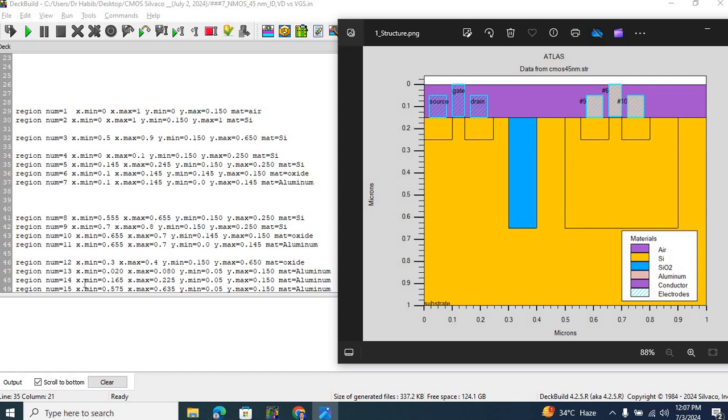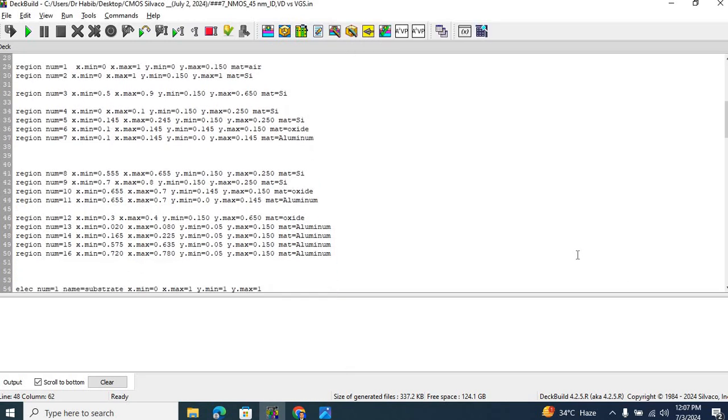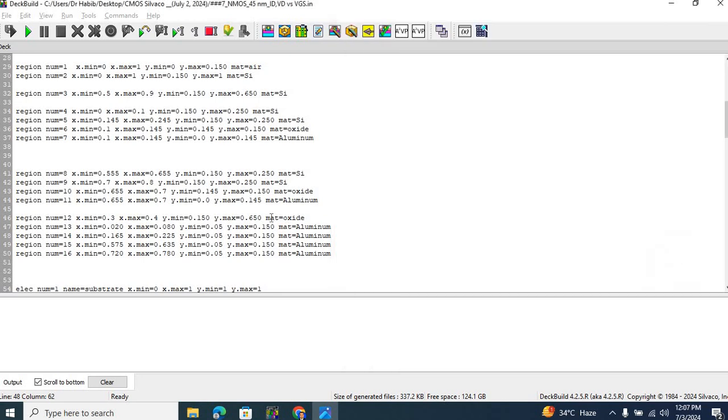Then region number 13, 14 and 15, similarly moving further, region number 16. These are actually the source and drain aluminum contacts for the NMOS, and similarly the source and drain aluminum contacts for the PMOS.